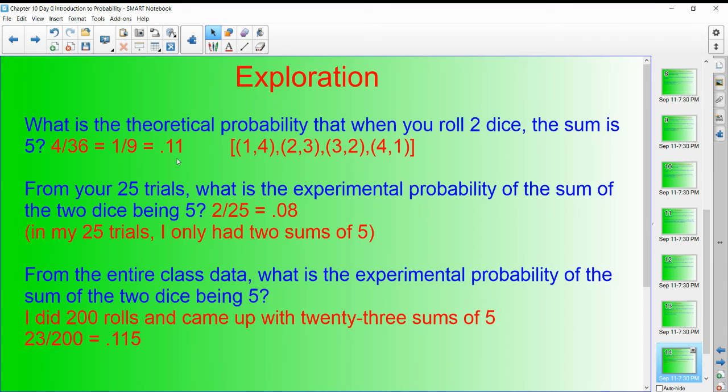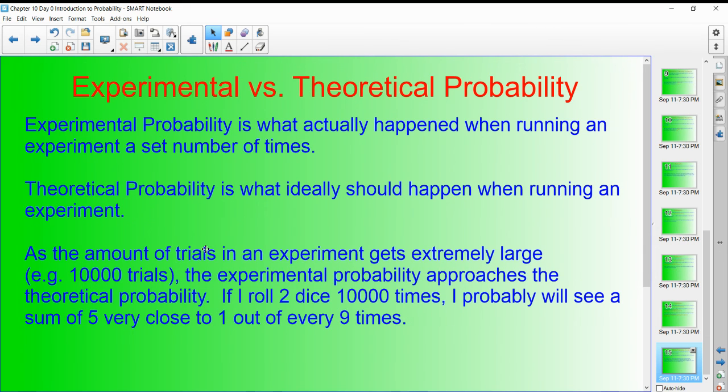The bigger my experiment, the more trials I run, the closer the experimental probability gets to the theoretical. So the experimental probability is what actually happens when we run the experiment. The theoretical is what should happen when running an experiment an infinite amount of times. And as the amount of trials gets larger, the theoretical probability stays the same, and the experimental probability approaches that theoretical.